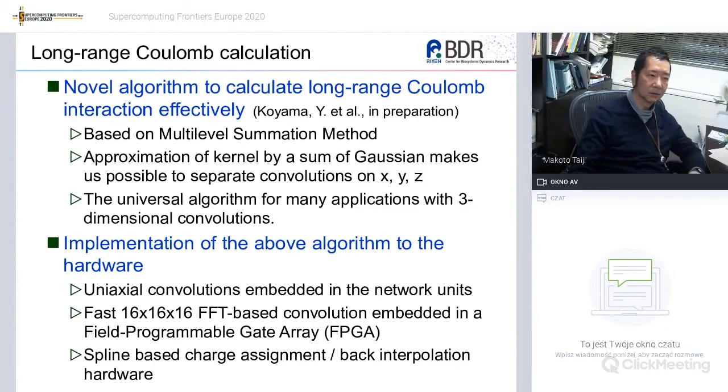For long-range Coulomb calculations, we developed a novel algorithm to calculate long range effectively. This is in preparation, and we will submit this paper quite soon.